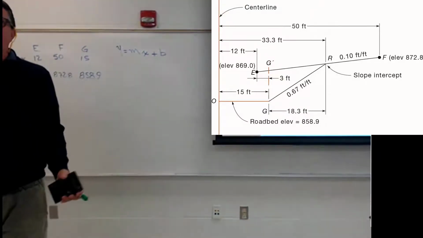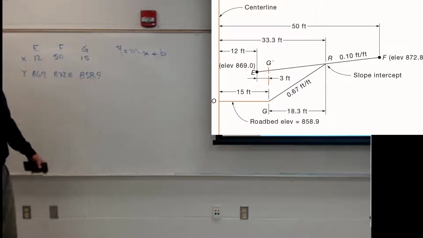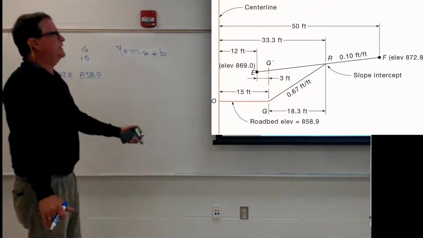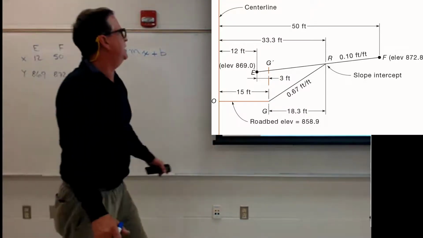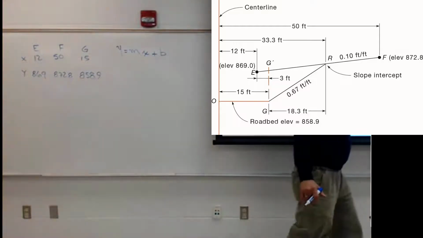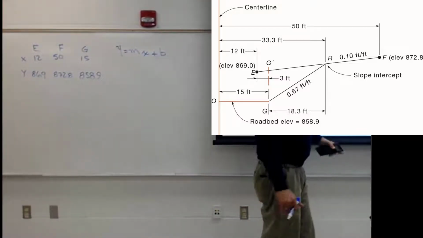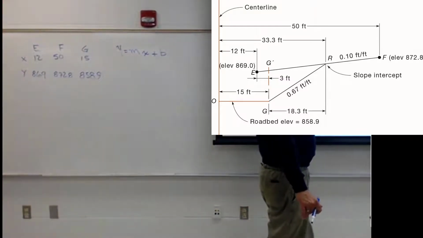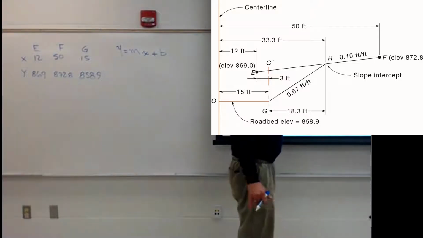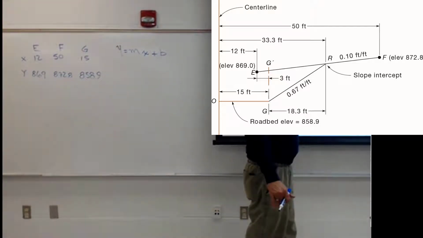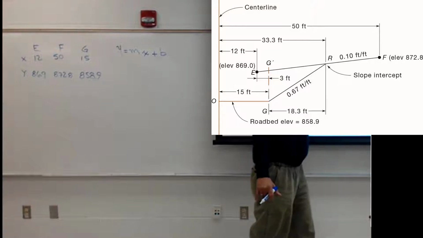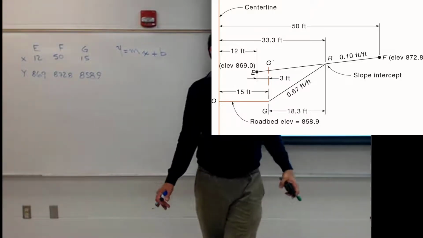First place to start. Any guesses? Okay, let's find M, right? Let's find what our slope on EF on the existing ground is. So E to F represents the existing ground. For all practical purposes, G represents our hinge point and R represents our catch point.